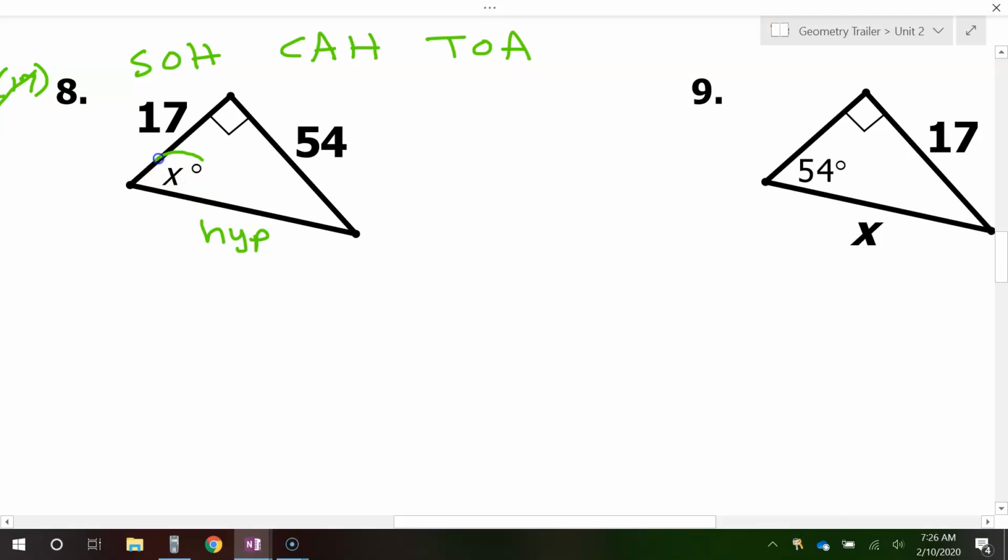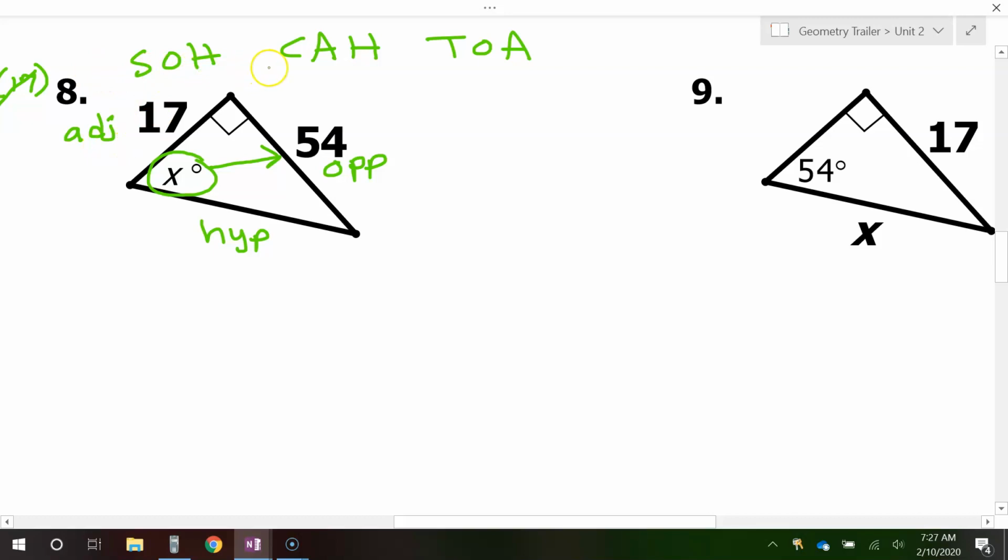Next, circle the angle that you are dealing with, even if it is a variable. Draw an arrow going away from it, and that will point to the opposite side. The other side is the adjacent side. Now, which two sides are we dealing with? Well, 54 is opposite and 17 is adjacent.